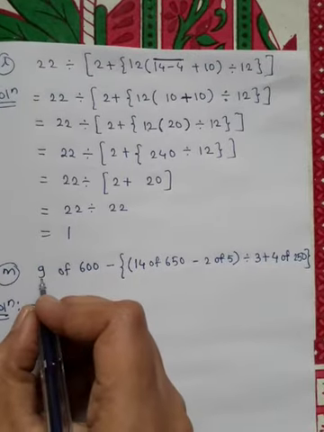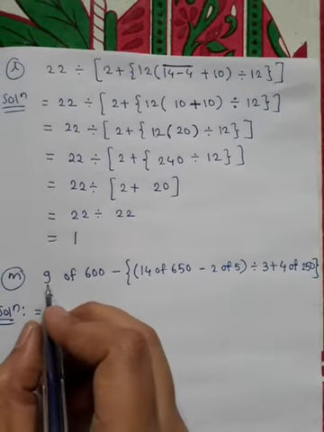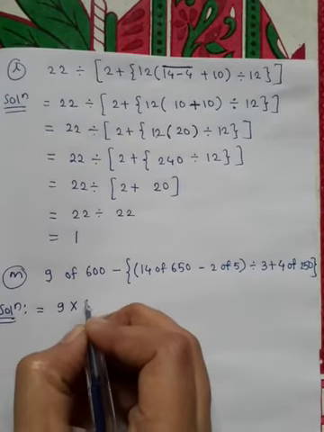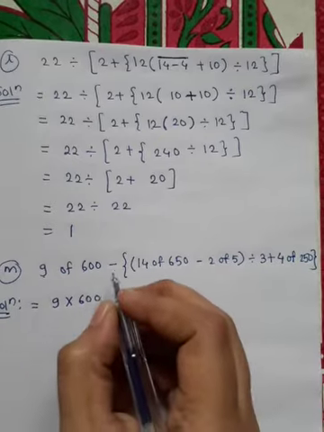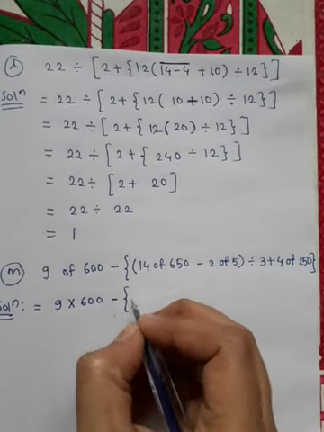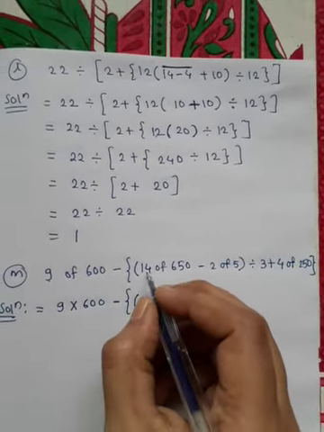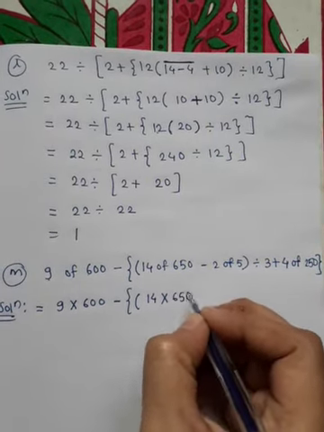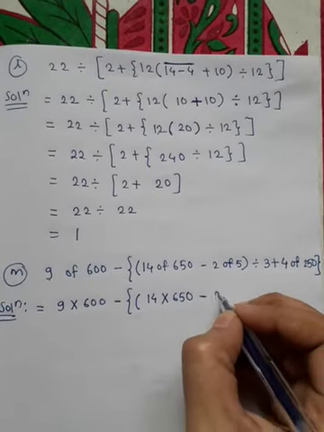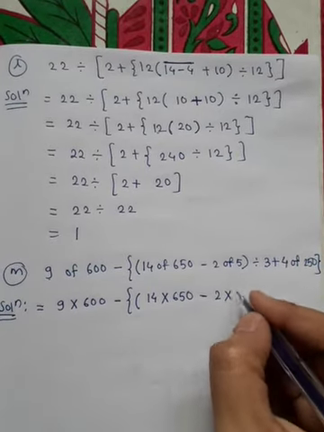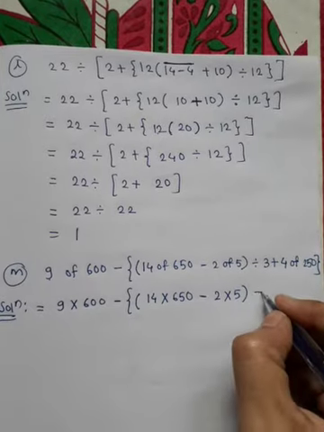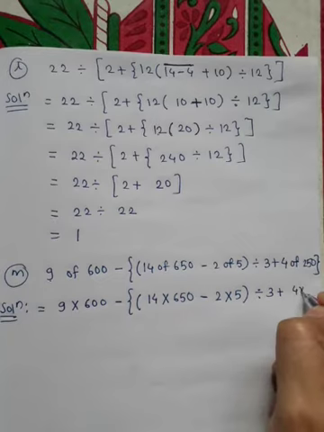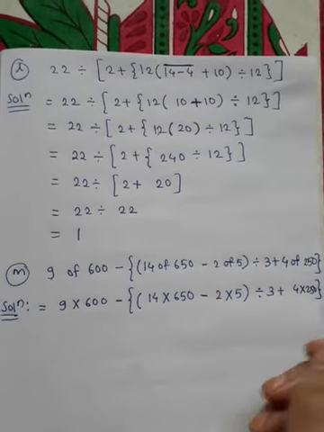Okay, now see, 9 of 600 means multiplication of 9 and 600. 9 into 600, minus curly bracket as it is, round bracket, 14 of means multiplied by 650, minus 2 of means multiplied by 5, divided by 3, plus 4 of 250 means 4 into 250, curly bracket completed.